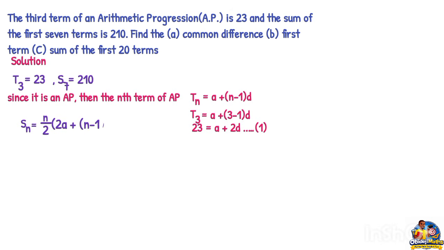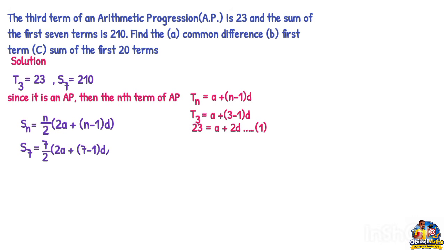Okay, so let us substitute. S7 is equal to, don't forget, n is equal to 7, so 7 over 2 into bracket 2a, because we don't know a, plus n is 7, that will be (7 minus 1) into bracket d, because we don't know the common difference.